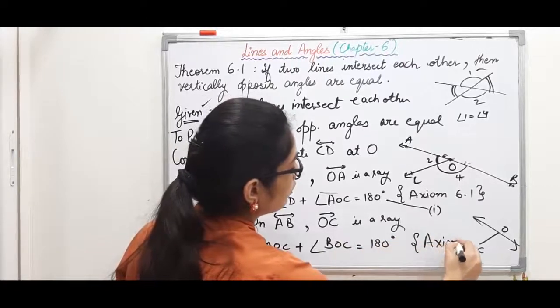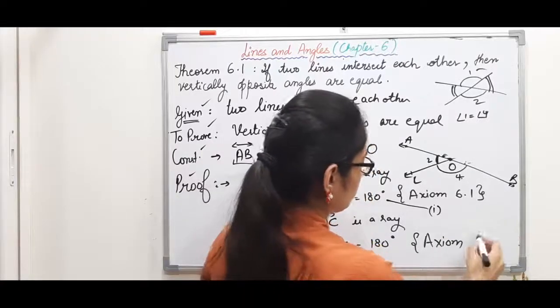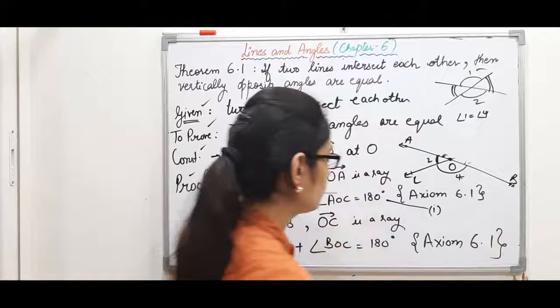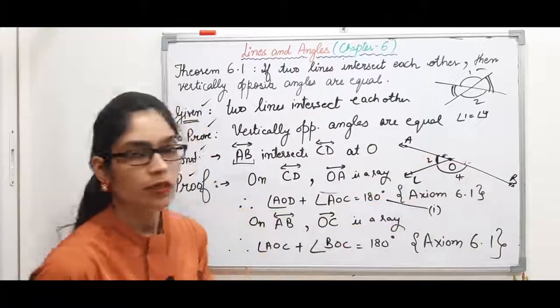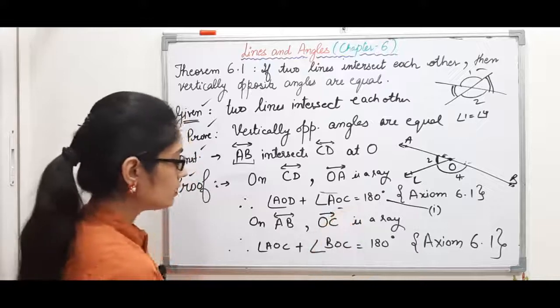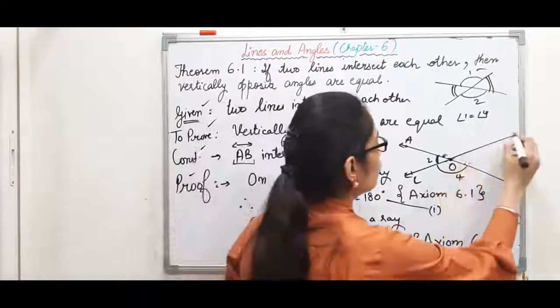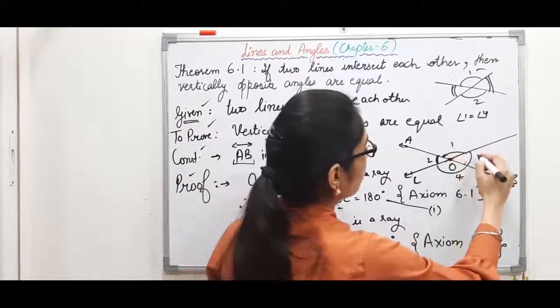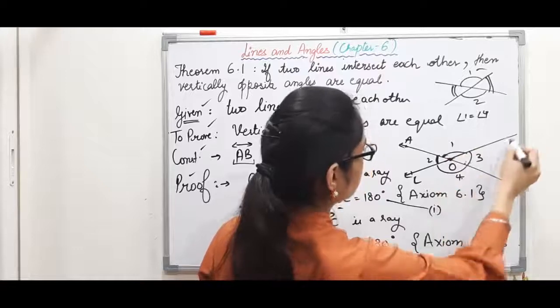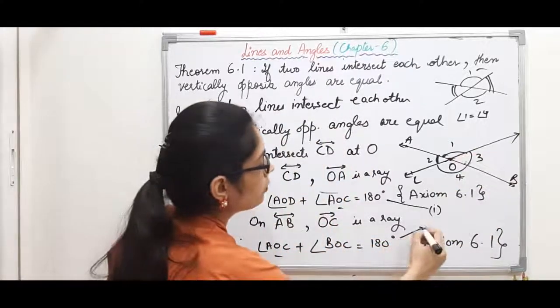Axiom 6.1. See, why have I taken this line this way? Because here also AOC is there and here also AOC is there, and I had to prove somehow that vertically opposite angles are equal. So I'll explain. Let's mark it as point number 2.